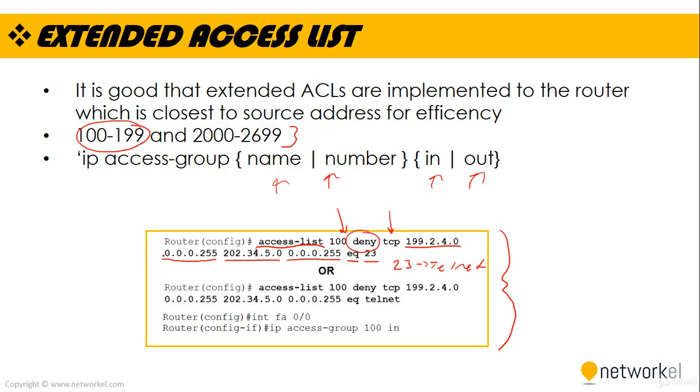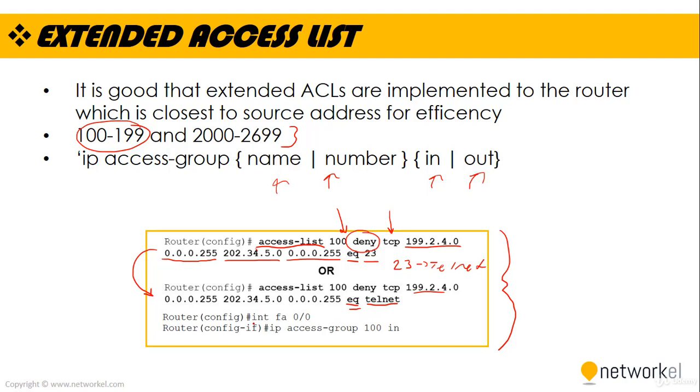I can also write this statement in here: access-list 100 deny tcp, same thing, eq, I can write the protocol names directly as well, for example, telnet for this example.